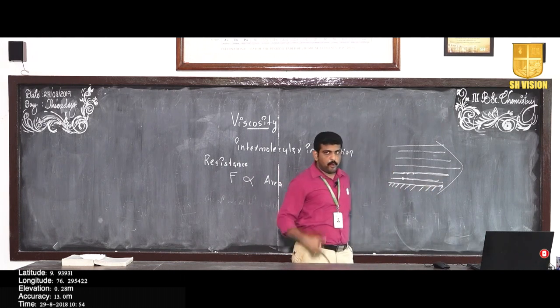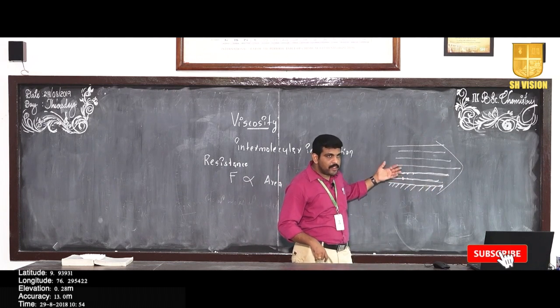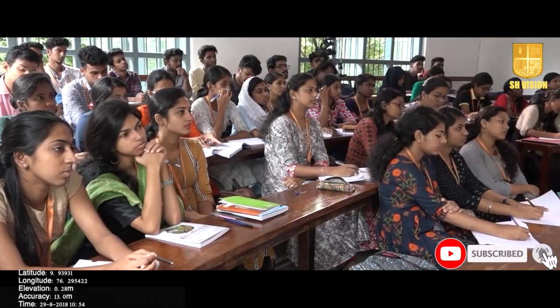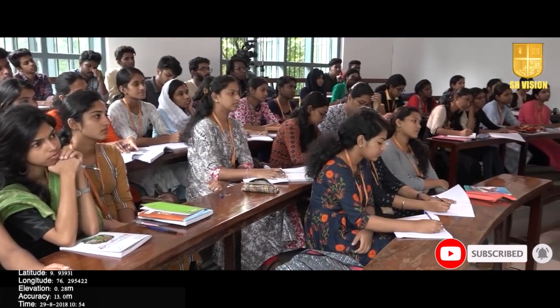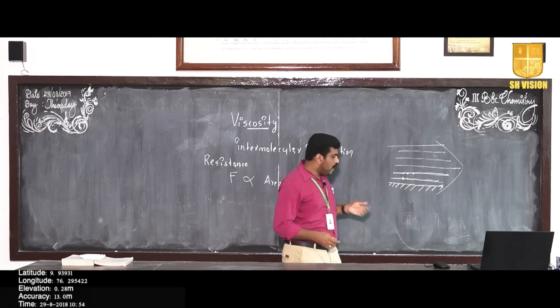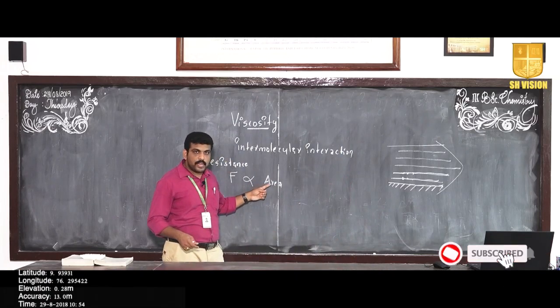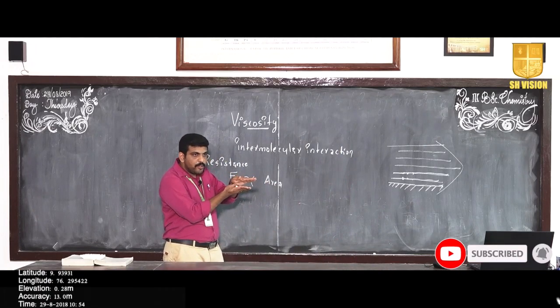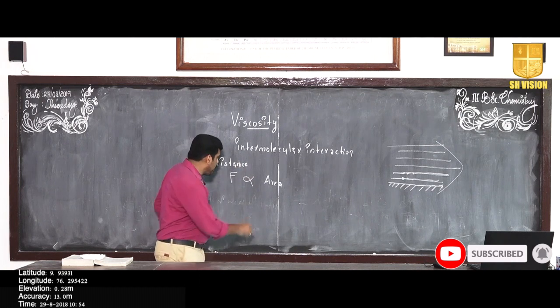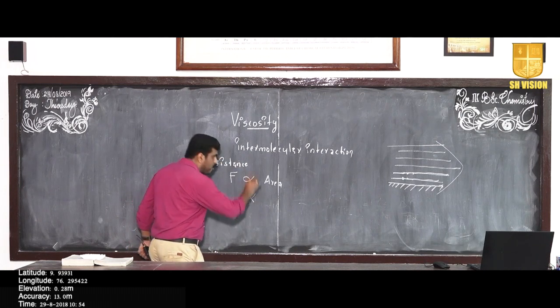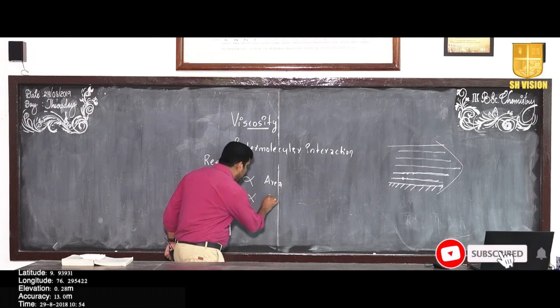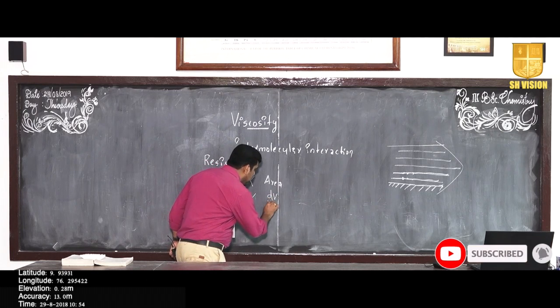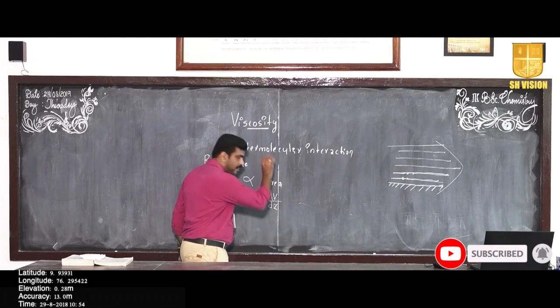The property is due to the interaction between two layers. So that viscous force, or the dragging force or the shearing force, is proportional to the area of contact between two layers, and again it is also proportional to the velocity gradient dV by dz.